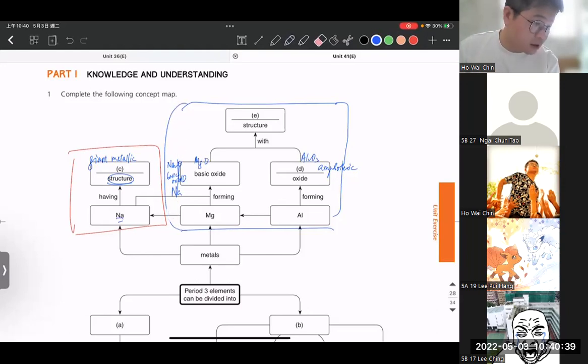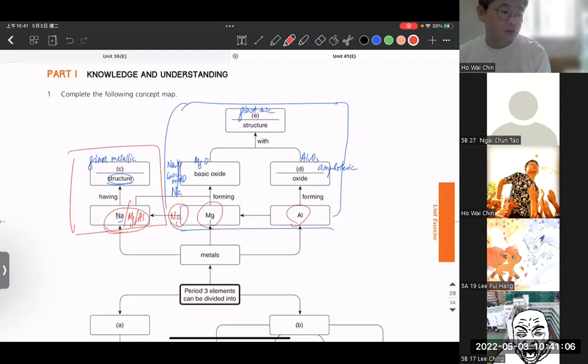Giant ionic. Okay, yes, that's right. It's giant ionic. So I would like to elaborate more on that. For those 3 metals, they all have a giant metallic structure. But if you want to mention sodium, magnesium, and aluminum, they will have basic oxide, basic oxide, and amphoteric oxide respectively. While the 3 oxides commonly share the same structure, giant ionic structure.